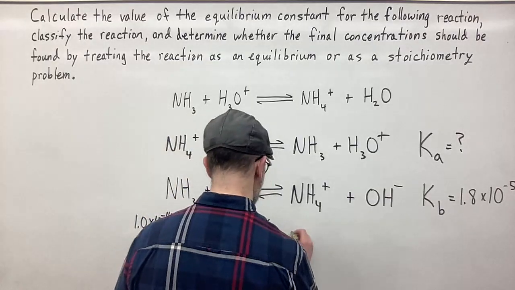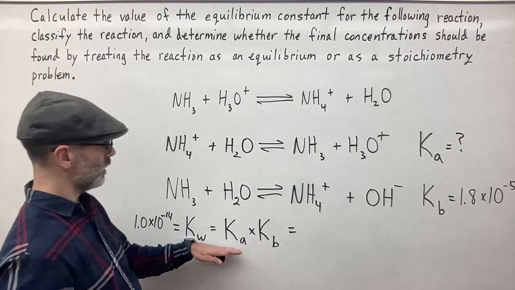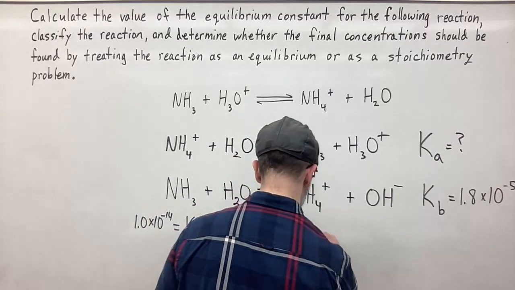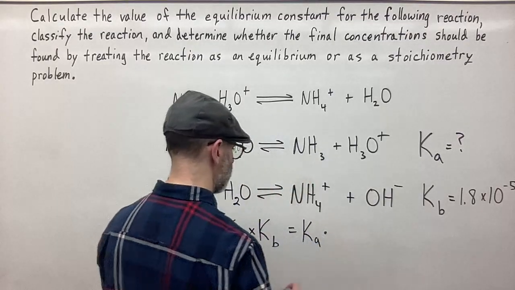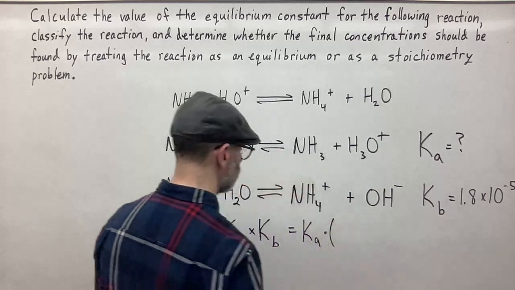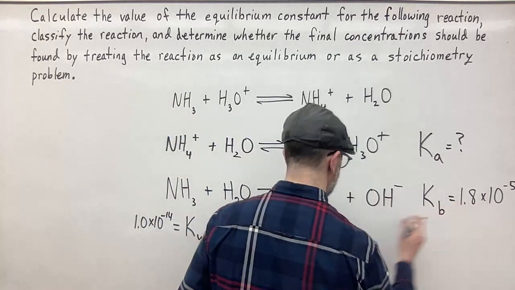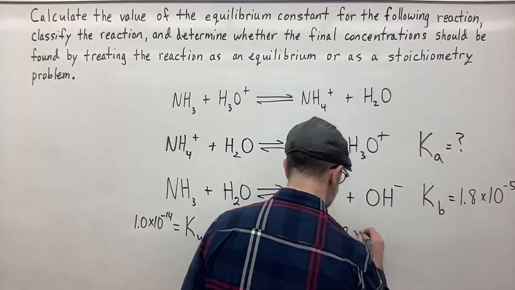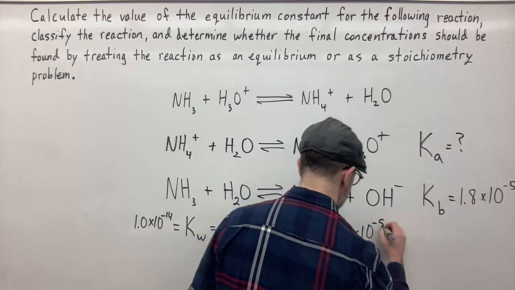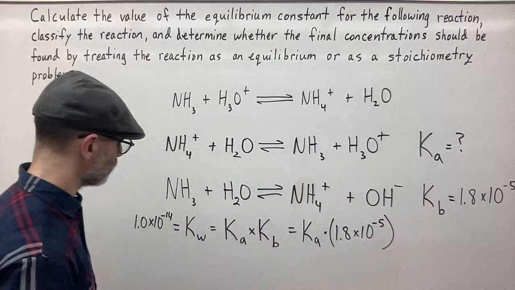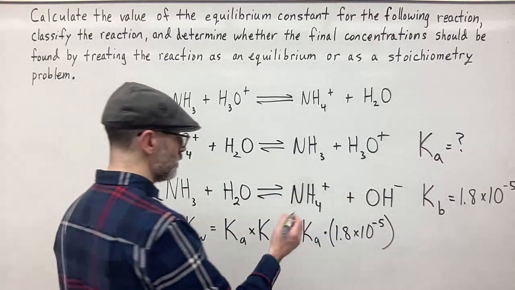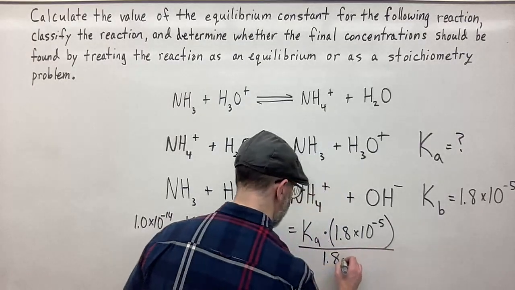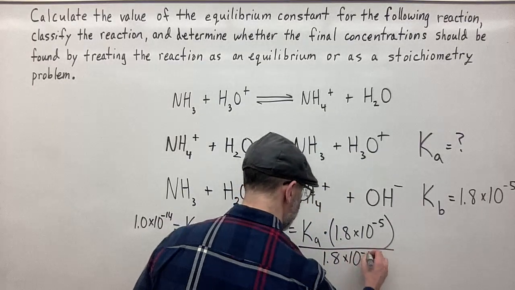Since we know Kb here, it's going to be Ka times the Kb of the ammonia, which is 1.8 times 10 to the negative 5. So all we have to do is divide both sides by 1.8 times 10 to the negative 5.